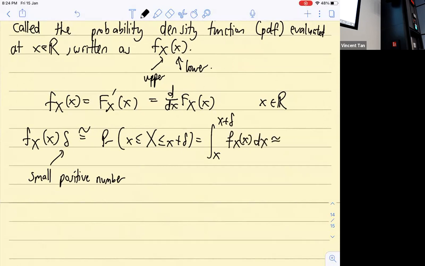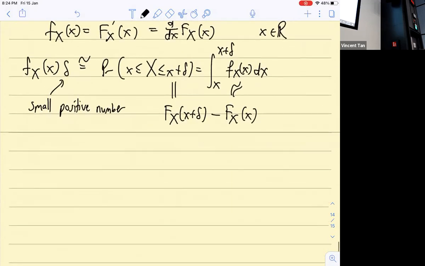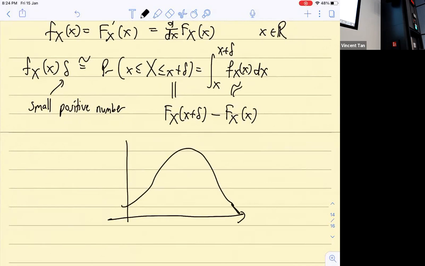Why is it the interpretation? Because this is equal to capital Fx of x plus delta minus capital Fx of x, and this can be approximated by this, by some sort of mean value theorem. We don't need to worry too much about this, but we have to have this picture in mind. So the probability density function looks like this, for example.